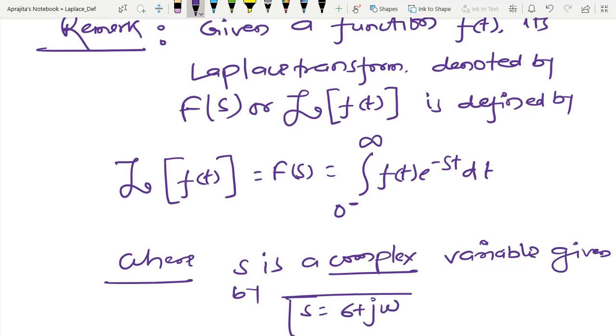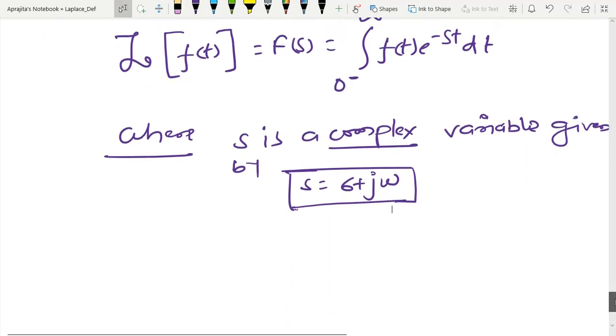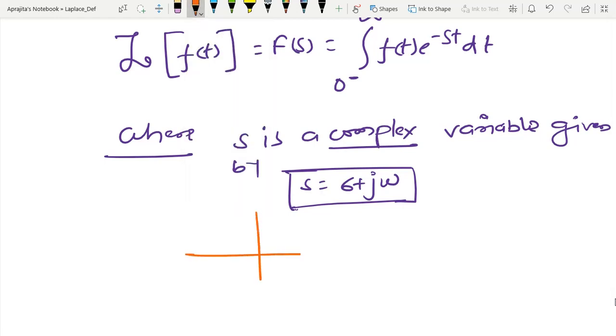If you see the proper mathematical definition, then I have no restriction on s, but here I can select some specific value of s, and I am going to select that s from the complex domain. The meaning of complex domain is like this. I have two axes: this is the real axis of s, and this is the imaginary axis of s. So I am going to take s from this particular complex plane, and after that I am going to perform this kind of integral.